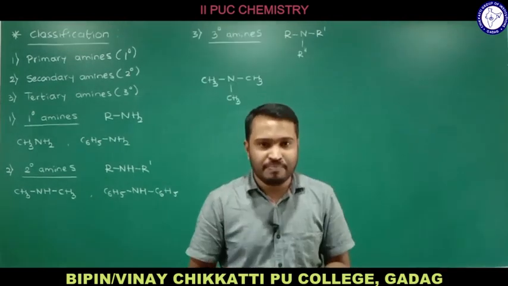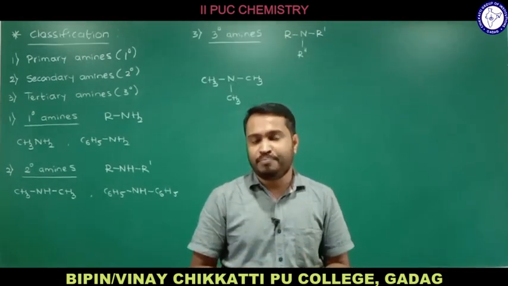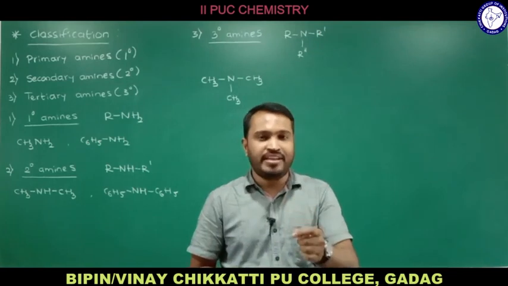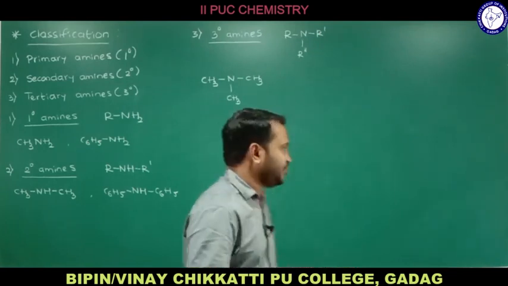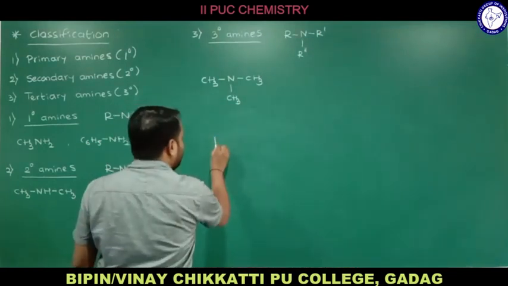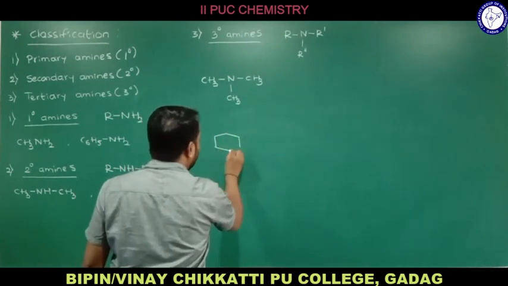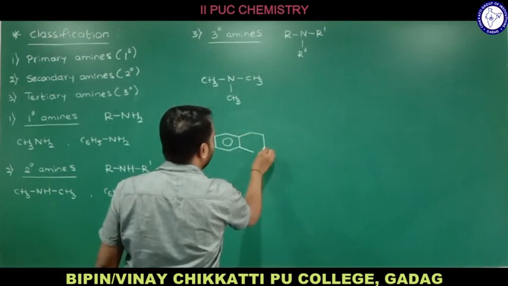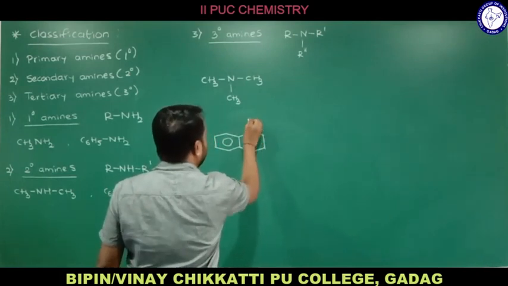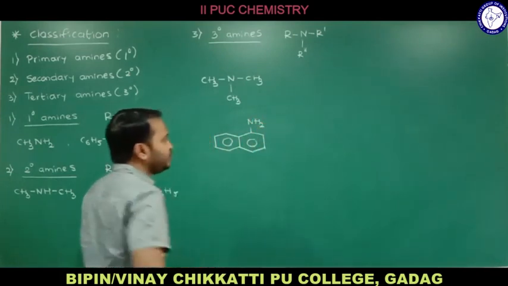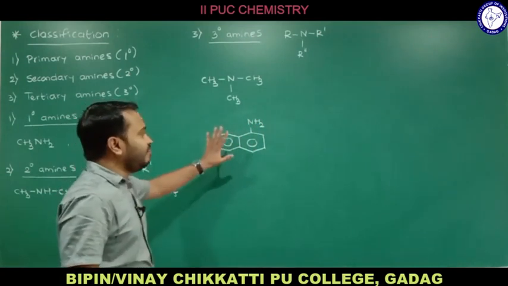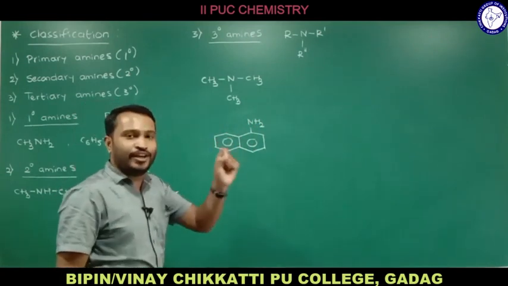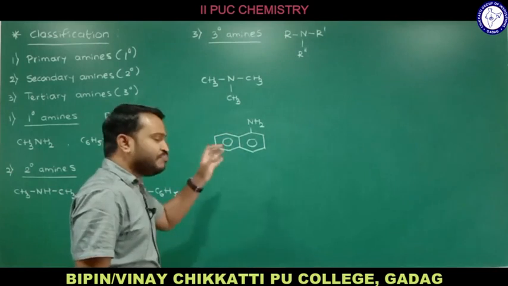We'll see some examples and predict whether the particular amine is primary or secondary or tertiary. Let me draw the structure of the amine and we'll see what kind of amine it is. NH2 I am going to consider, and I will see whether this is a primary, secondary or tertiary amine, and the same principle has to be applied.